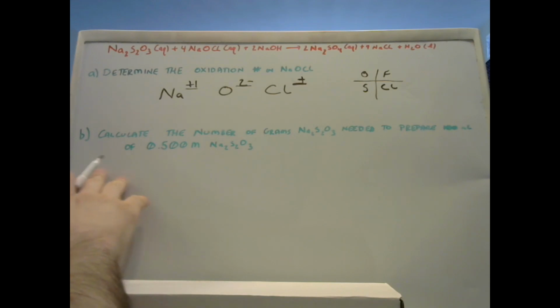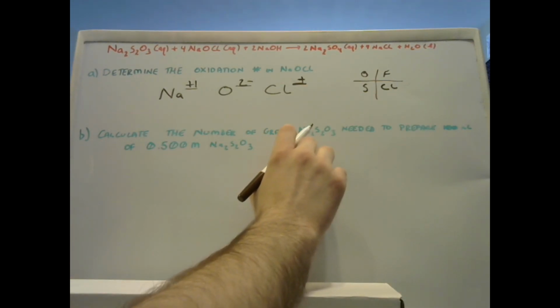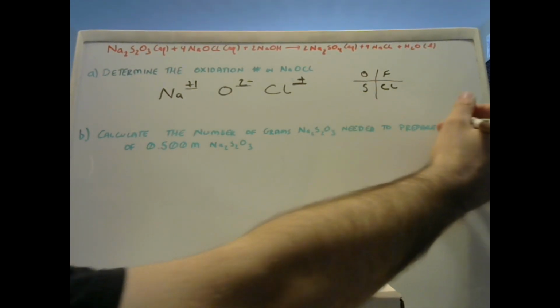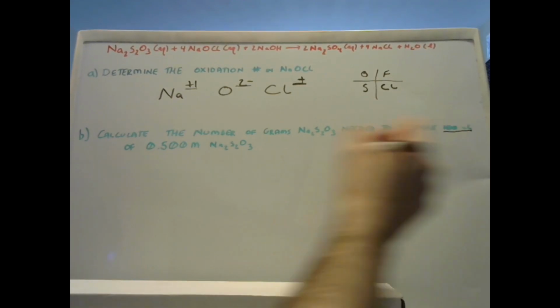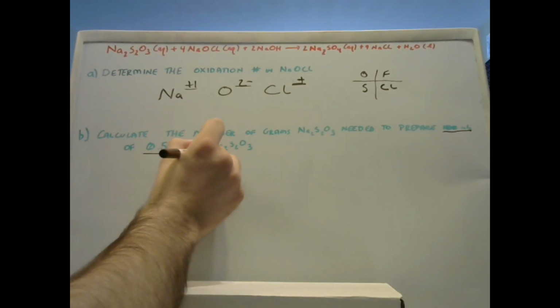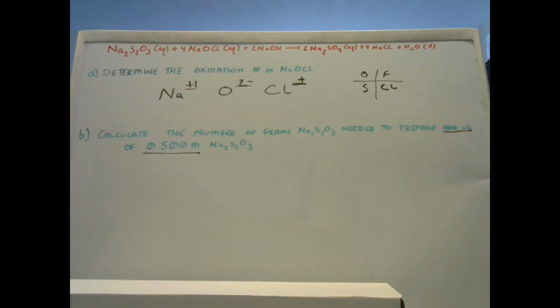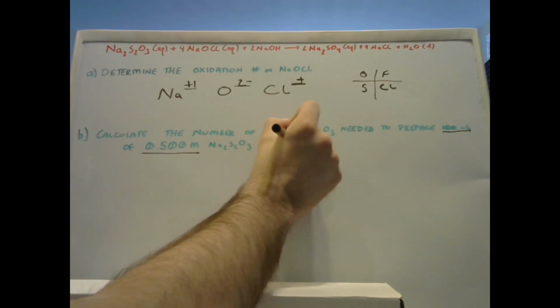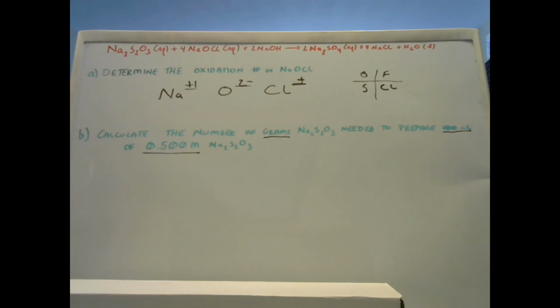Read through each problem individually, each section, and try to answer the ones you can. So let's go ahead. Calculate the number of grams Na2S2O3, or sodium thiosulfate, needed to prepare 100 milliliters of 0.5 molar sodium thiosulfate. Okay. What we are asking for is number of grams, but we don't have anything directly relates to grams.